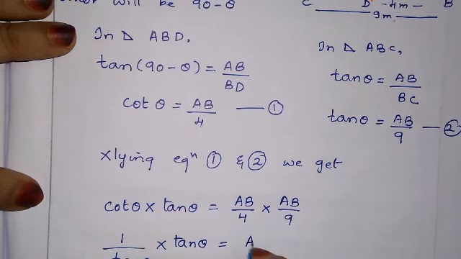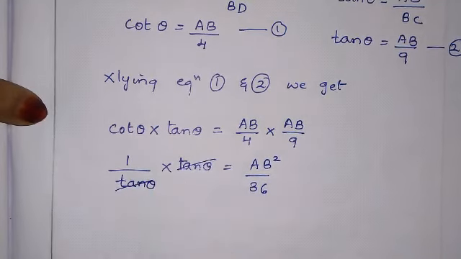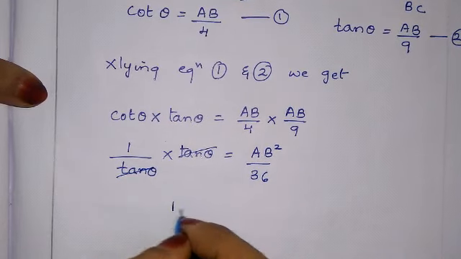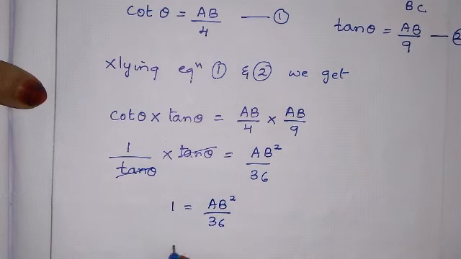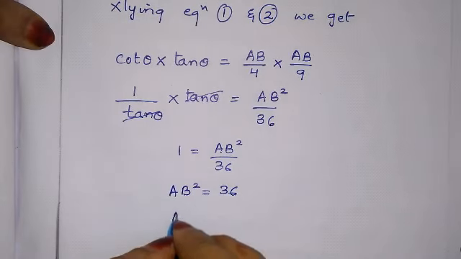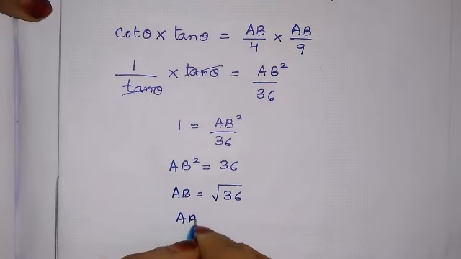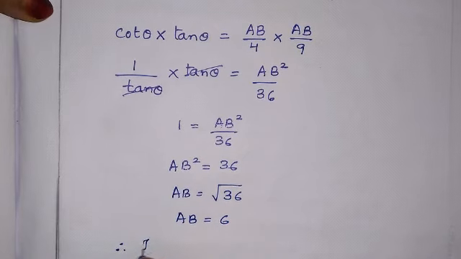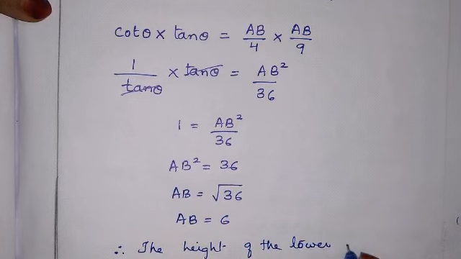AB into AB, AB square upon 9 into 4. 9 4s are 36. Tan theta gets cancelled, 1 left. That is 1 is equal to AB square upon 36. 36 ones are 36. AB square is equal to 36. Square will become root. AB is equal to root 36, which is 6. Therefore, we get the height of the tower is 6 meter.